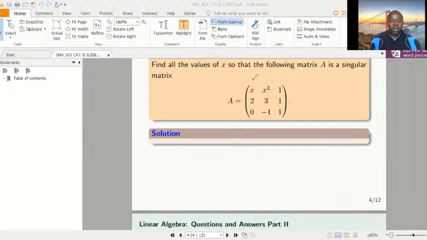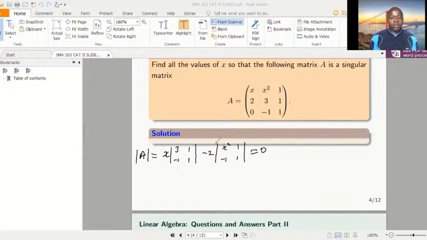Deleting the row of x and the column of x, you are left with 3, 1, negative 1, 1. Now this was positive, so this is negative 2. Delete the row of 2, the column of 2, we are left with x squared, 1, negative 1, 1. This must be 0 because we want this matrix to be singular.